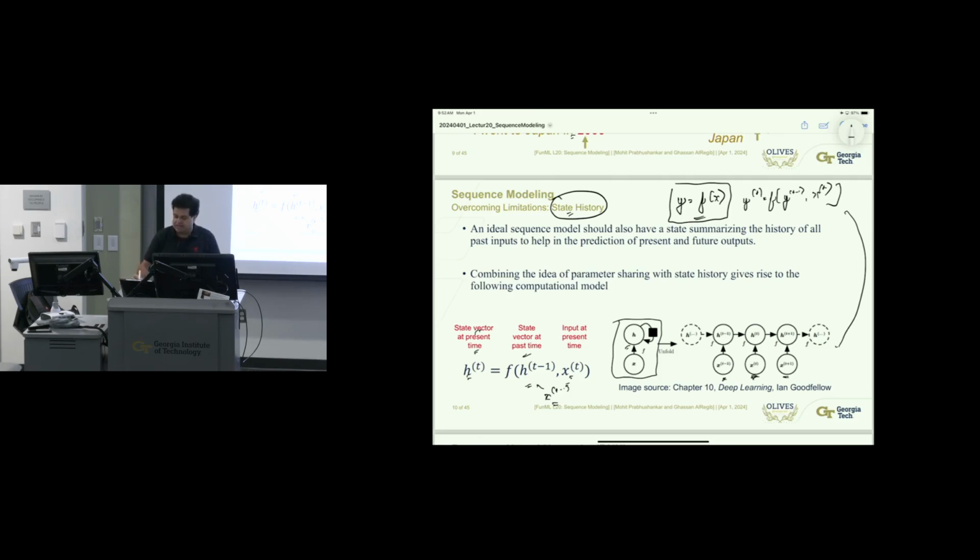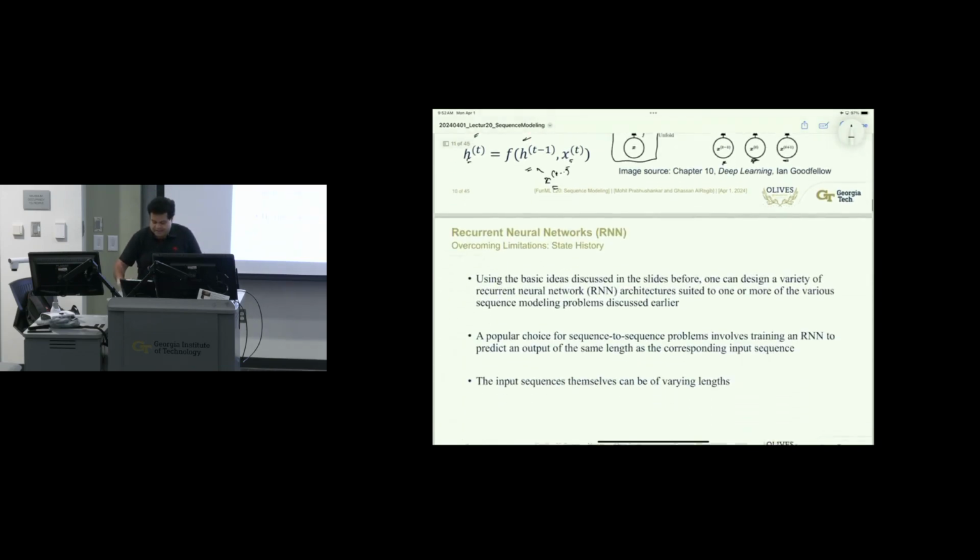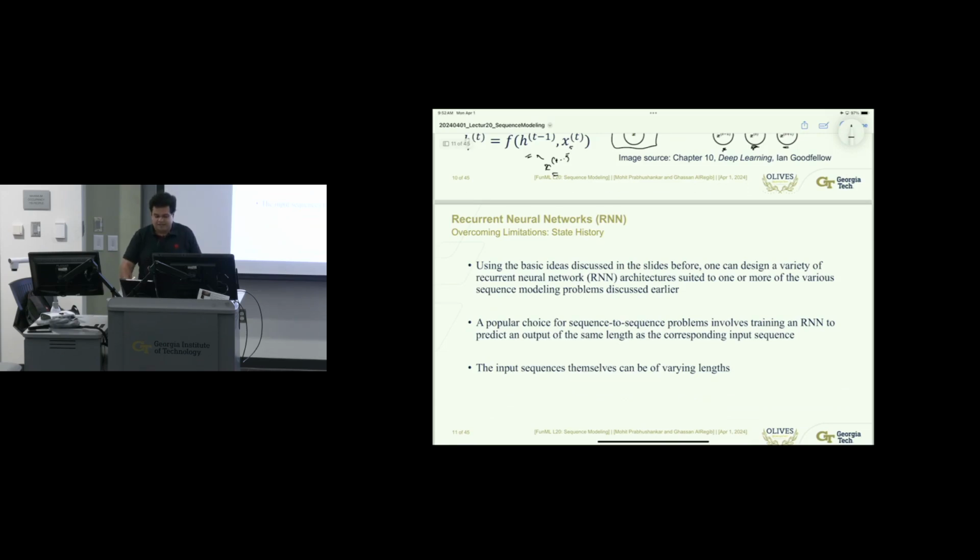Rather than looking at each input individually, at h of t minus 1, it has two inputs. At h of t plus 1, it has two inputs, which is x of t plus 1 and h of t. And both of these inputs are going to be represented in this fashion. So I'll come back to this kind of a diagram in the next slide, essentially.